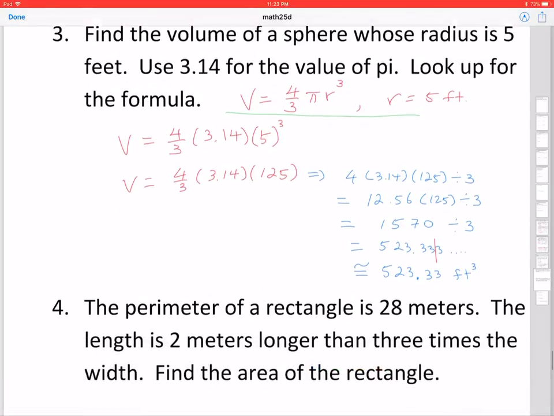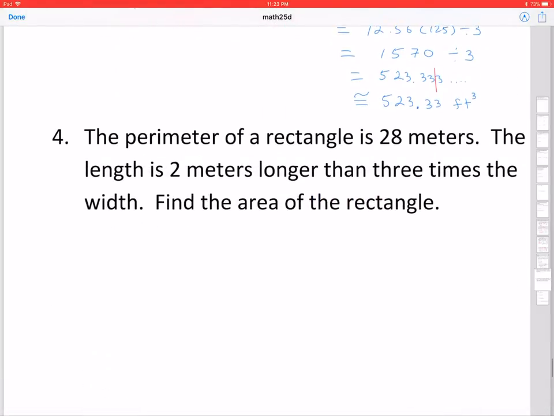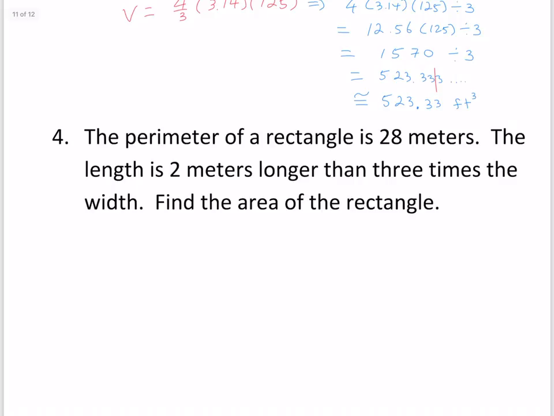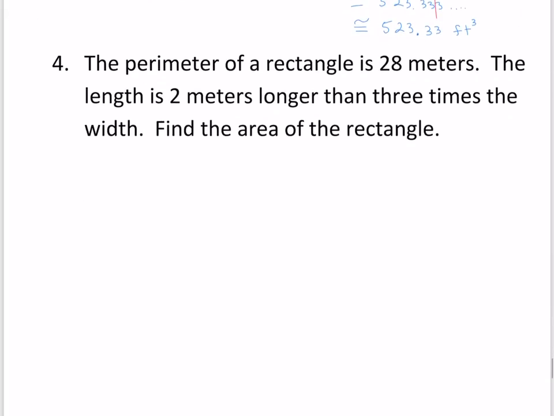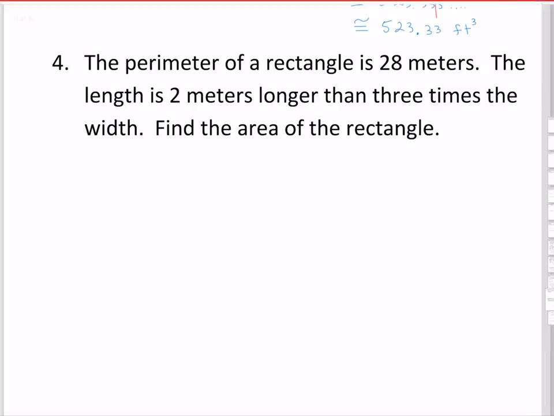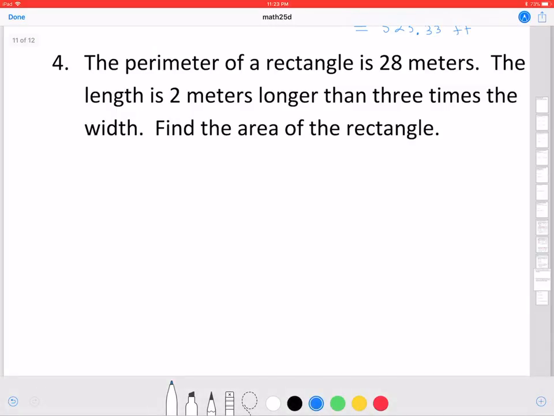Okay, next problem. Go ahead and read that on your own. All right, this one is slightly different. We have a perimeter. Here I'm going to draw a picture. I'm going to call this the width W. It doesn't matter which one.